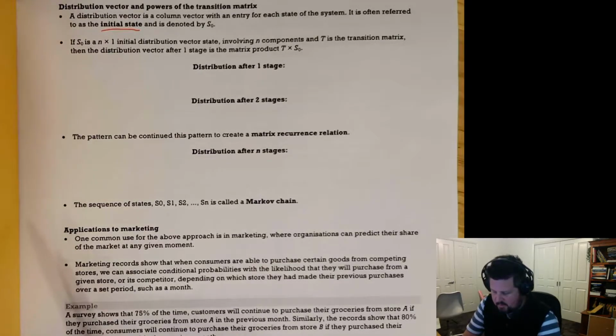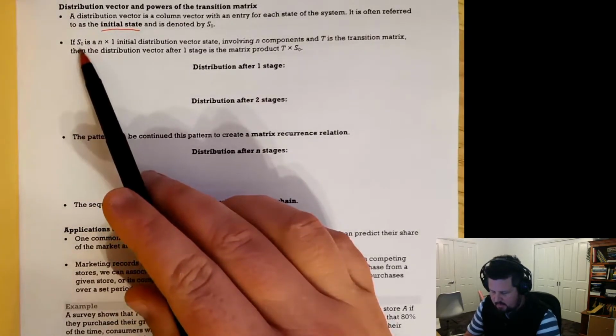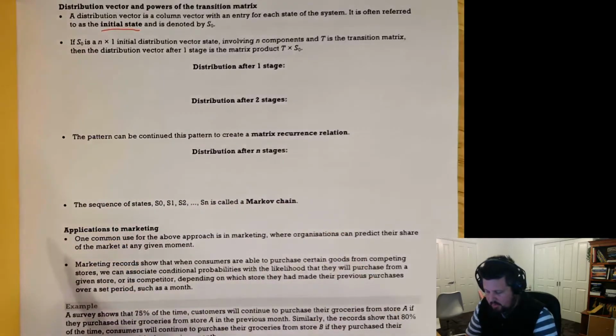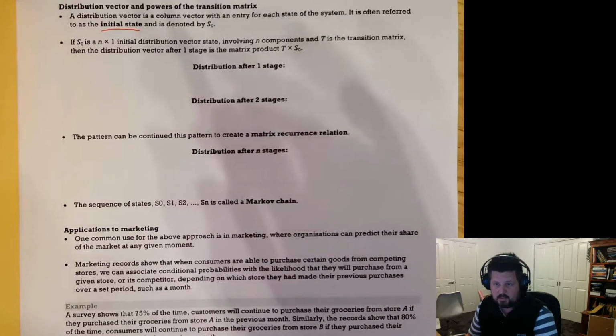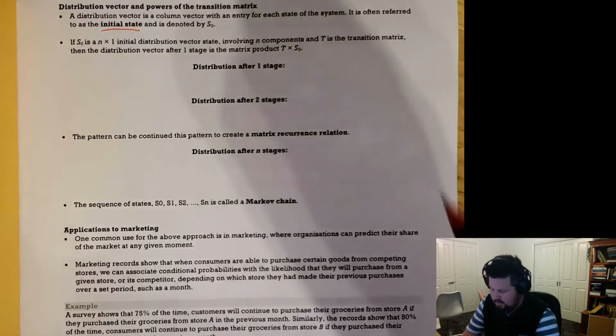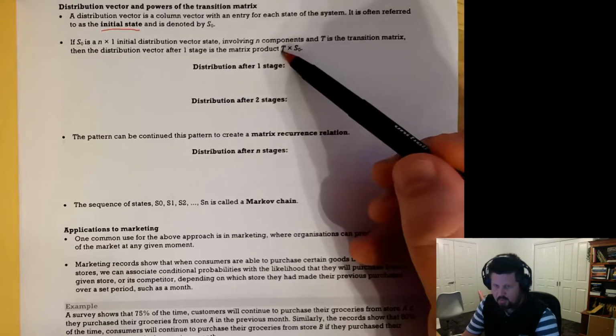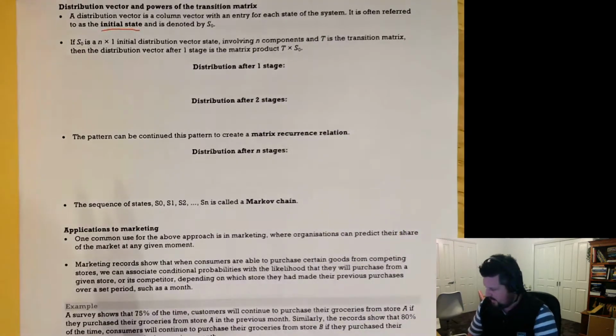If the initial state, S0, is an n by 1 initial distribution vector involving n components, and T is a transition matrix, then the distribution vector after one stage is the matrix produced by T multiplied by S0. So that is the transition matrix multiplied by the initial state.